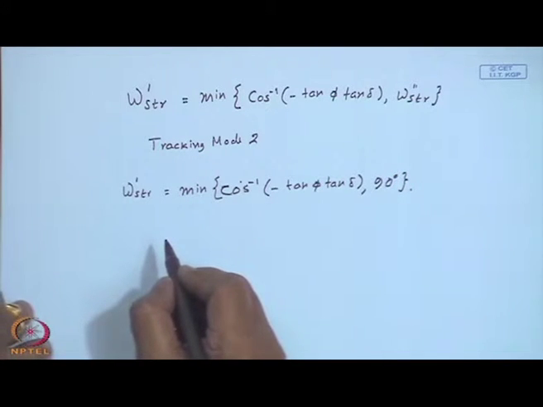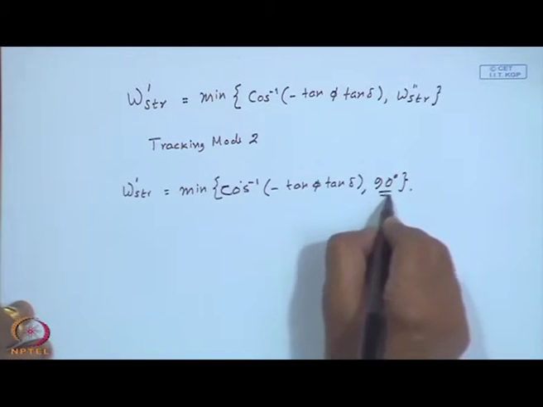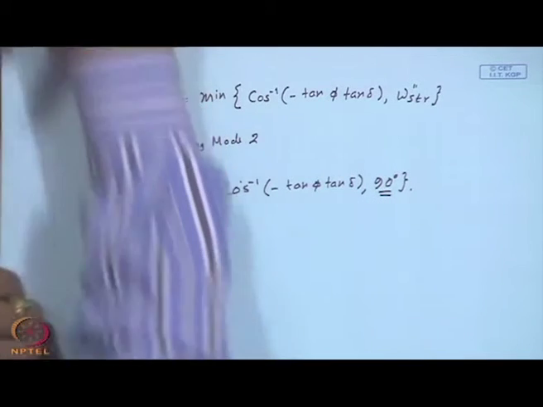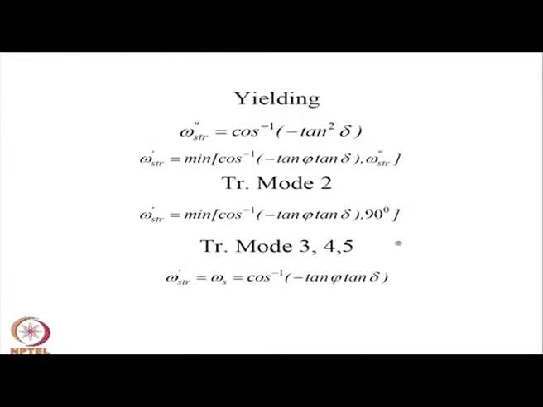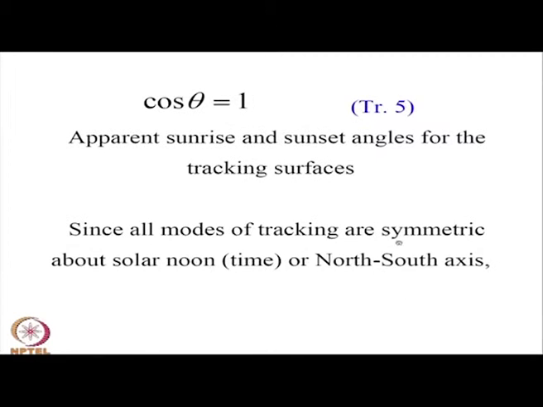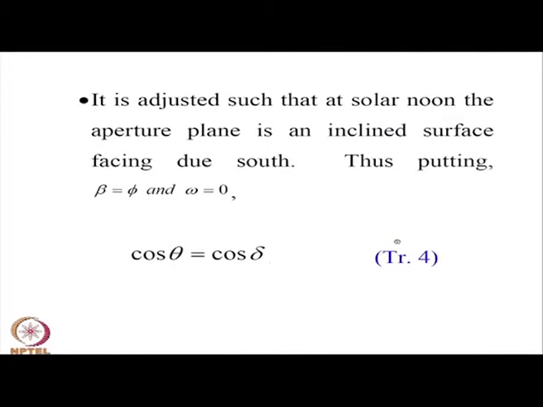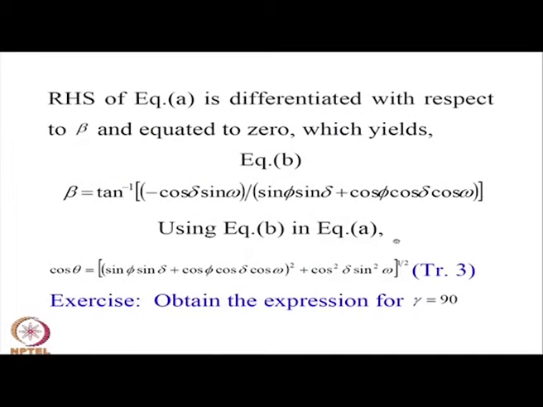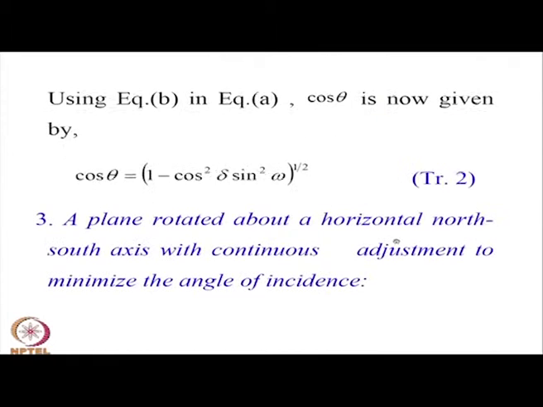Now, you will find that this 90 degrees comes from, if you look at your tracking mode 2, this is the one.